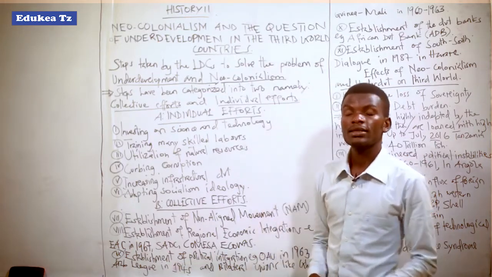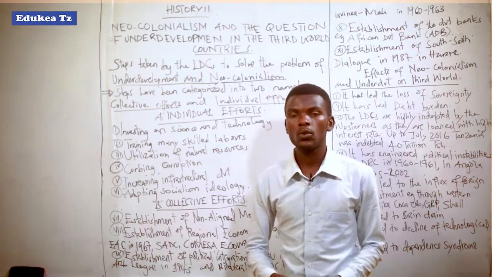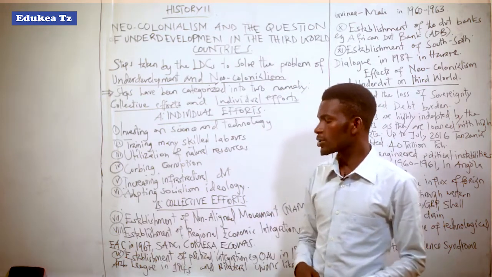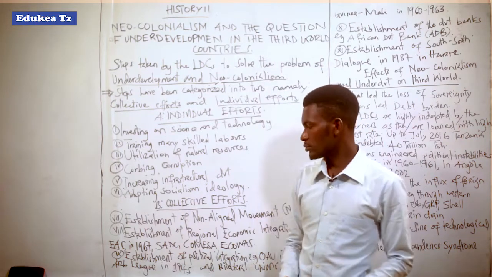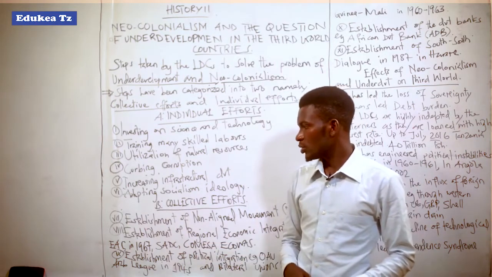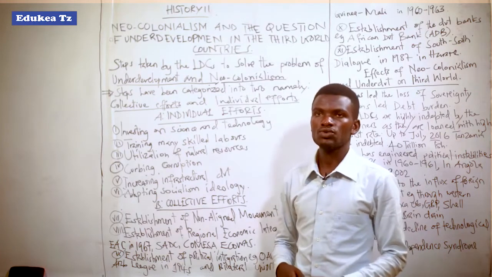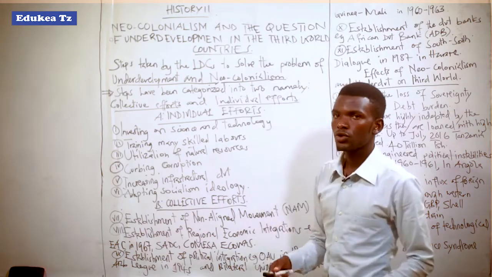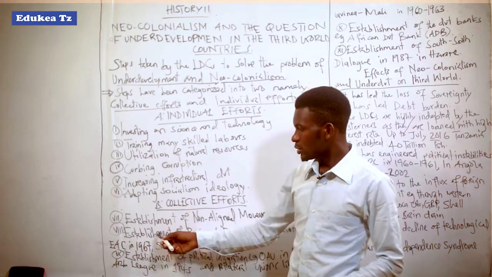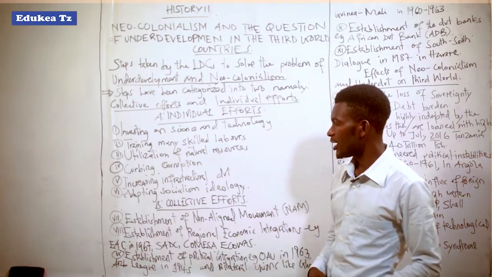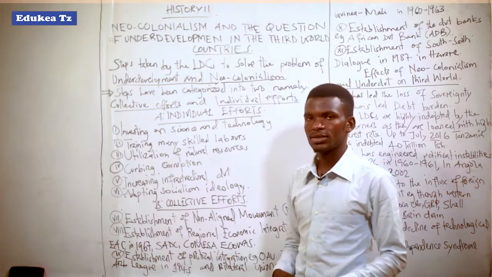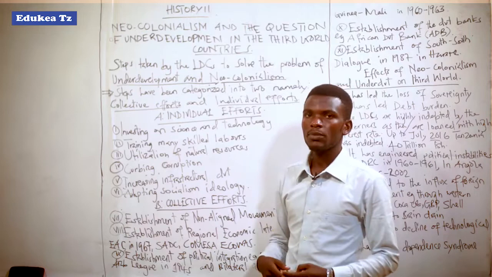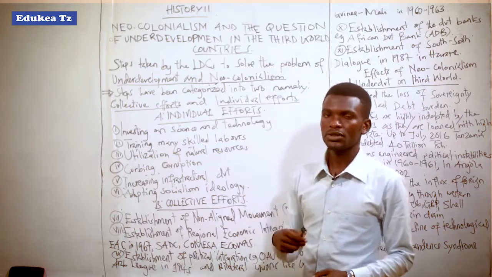It means that the Non-Aligned Movement was conducted in Bandung in Indonesia. It was attended by various third world countries like India, Cuba, Ghana, and other nations, so that they could discuss how they would be neither with capitalists nor socialists.